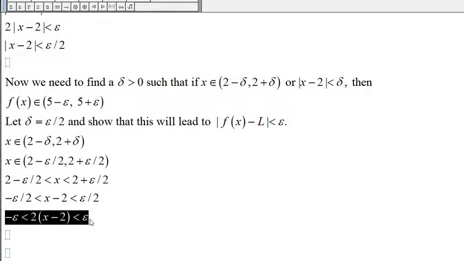Then this is equivalent to saying this: the absolute value of 2x minus 2 is less than epsilon.